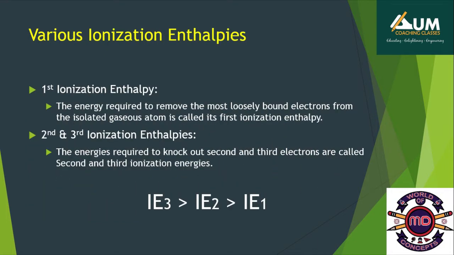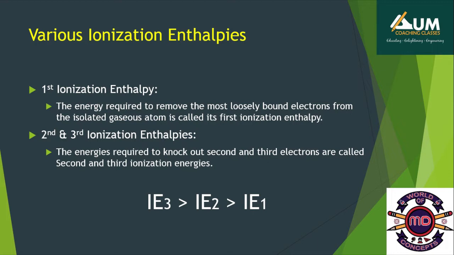Various ionization enthalpies. There are in total 3 ionization enthalpies. The most important out of them is the first ionization enthalpy. The energy required to remove the most loosely bound electron from the isolated gaseous atom is called its first ionization enthalpy. The second and the third ionization enthalpy.